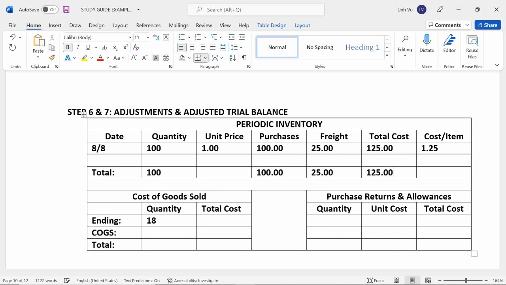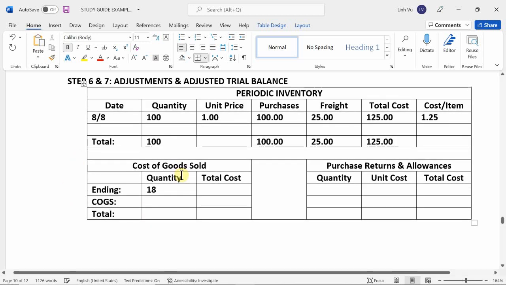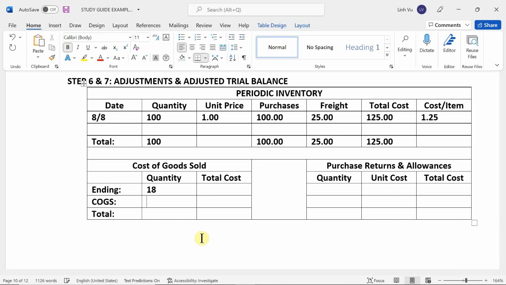Now in this case, I have to use FIFO. I only have one batch of inventory here, so there's really no need for that. I have 18 units left, so that means I must have sold a total of 82 mugs.